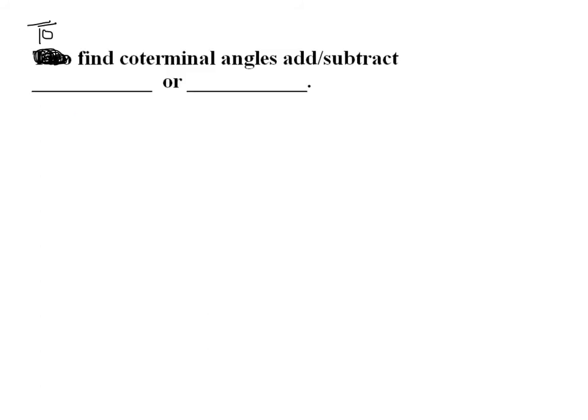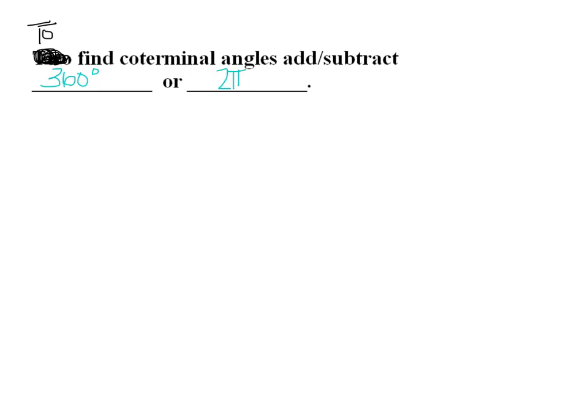So to find coterminal angles, we're simply going to add or subtract 360 degrees, because we're just going around the circle an extra time. Now if we're in radians, we're going to add or subtract 2 pi, because there's 2 pi radians in a circle.